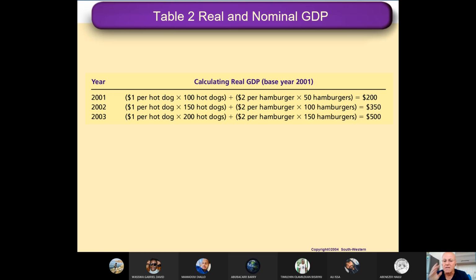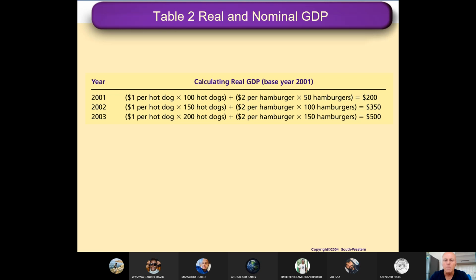As you see, the total increase of the GDP from 2001 to 2002 is only $150 in real terms, and from 2002 to 2003 it is again only $150.